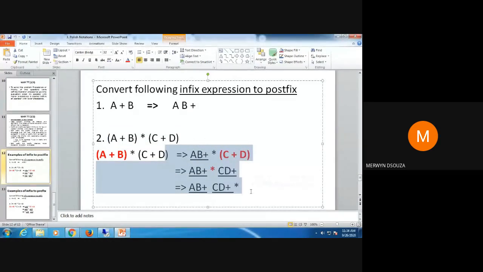The only time you can do it in one step is when you are running out of time in your exam. Remember, your data structures paper will be lengthy. No one can help the length of that paper, because there will be a lot of programs coming. You'll have to write algorithms and solve so many things, so the paper by default becomes lengthy. You get enough time to answer the paper, but you don't get time to dream.